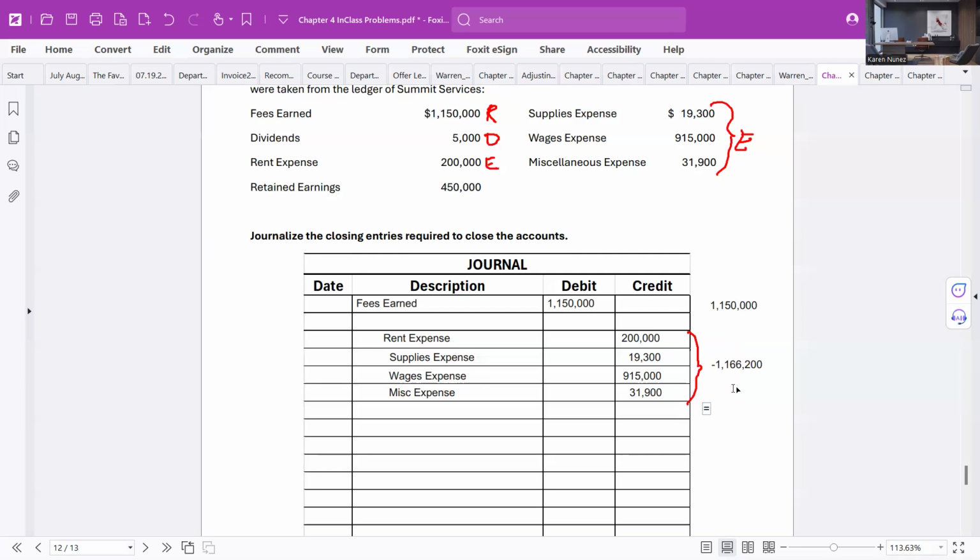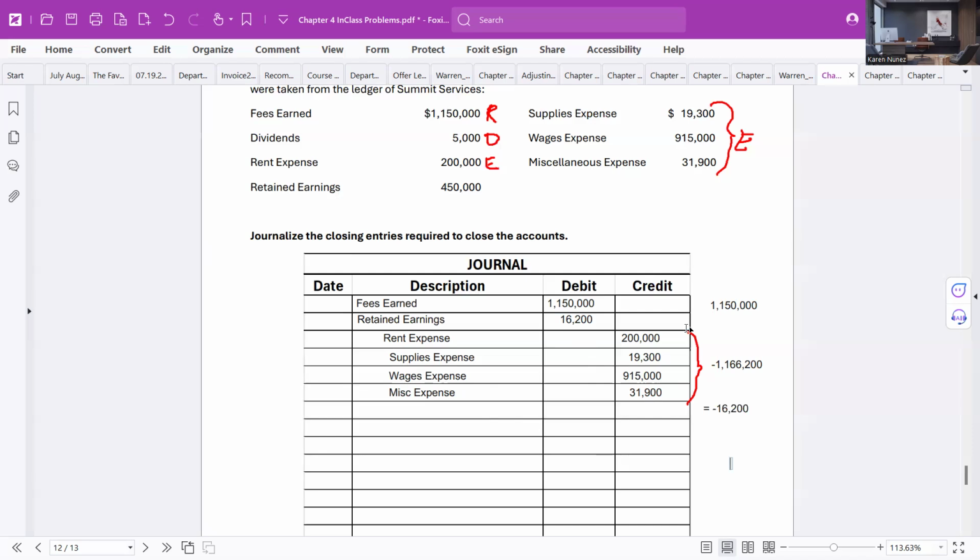Expenses are 1,166,200, and the revenue is only 1,150,000. We've got a loss of $16,200. So all the credits are greater than the debit. That means that we need to debit retained earnings, not credit it. Debit retained earnings for the $16,200.